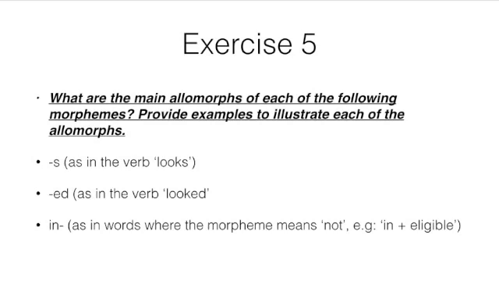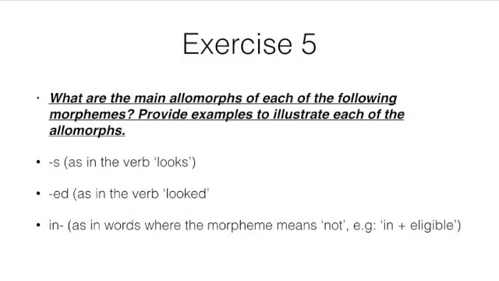Sometimes it is pronounced like looked, sometimes wanted, with id. So what are the main allomorphs of each of the following morphemes? Provide examples to illustrate each one of them. I'm going to post them with the answers for you, and please don't forget the link I put there for more exercises which you can do online and get feedback for yourselves. Okay? And that's it. Thank you very much.